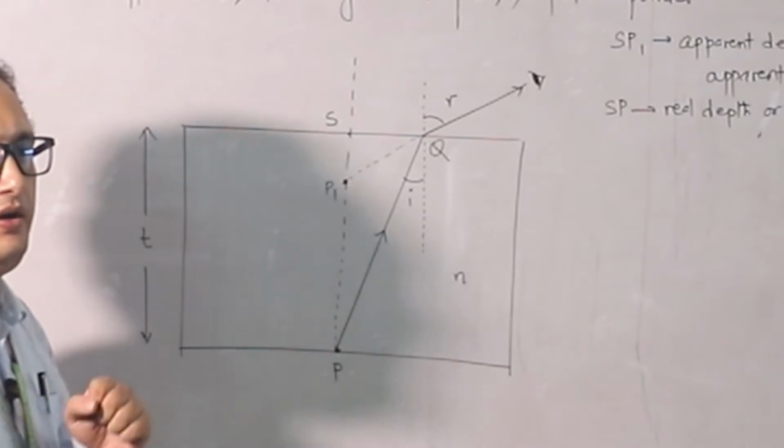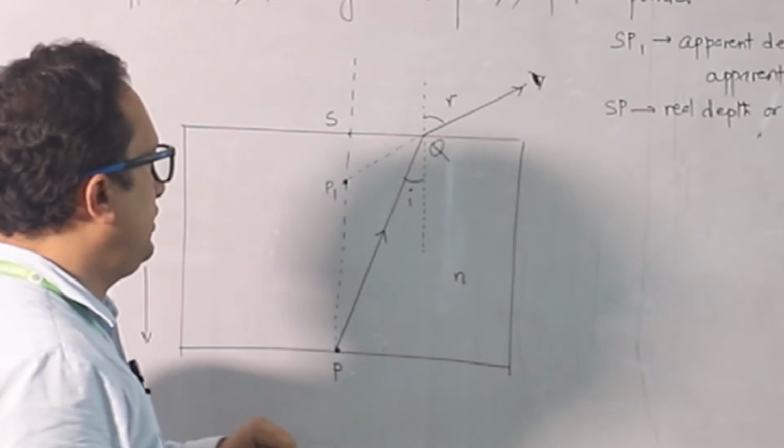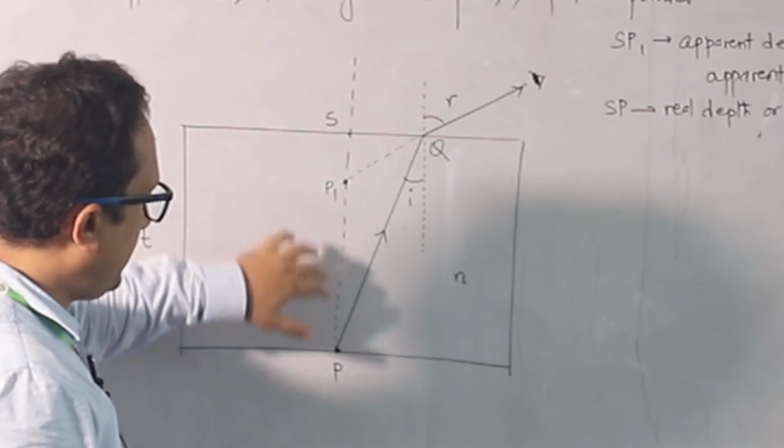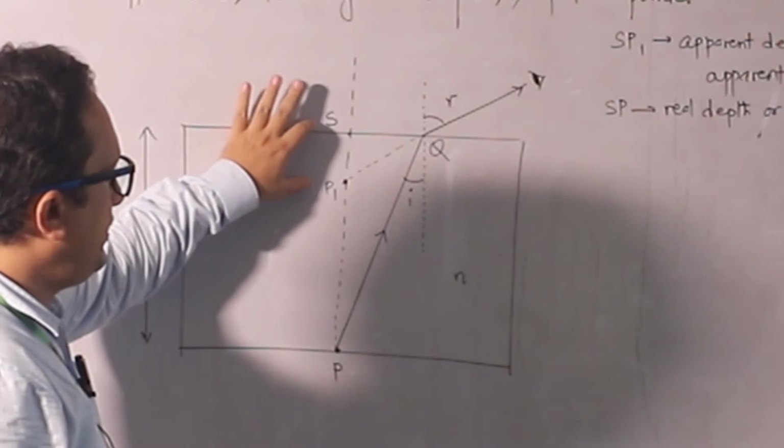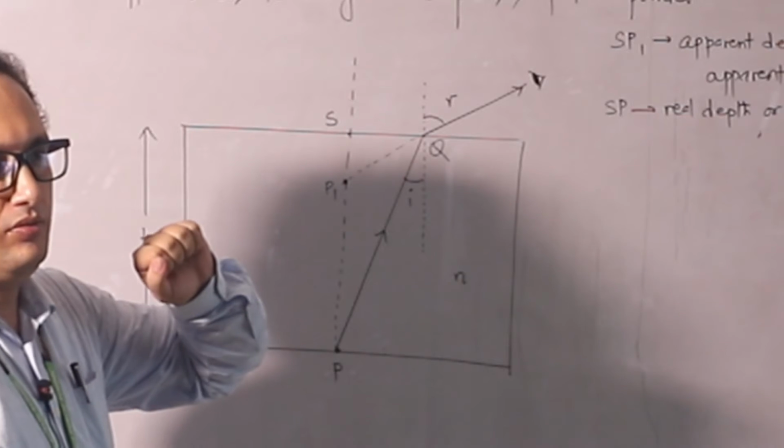So we have to find a relationship between the real depth SP and the apparent depth SP1.